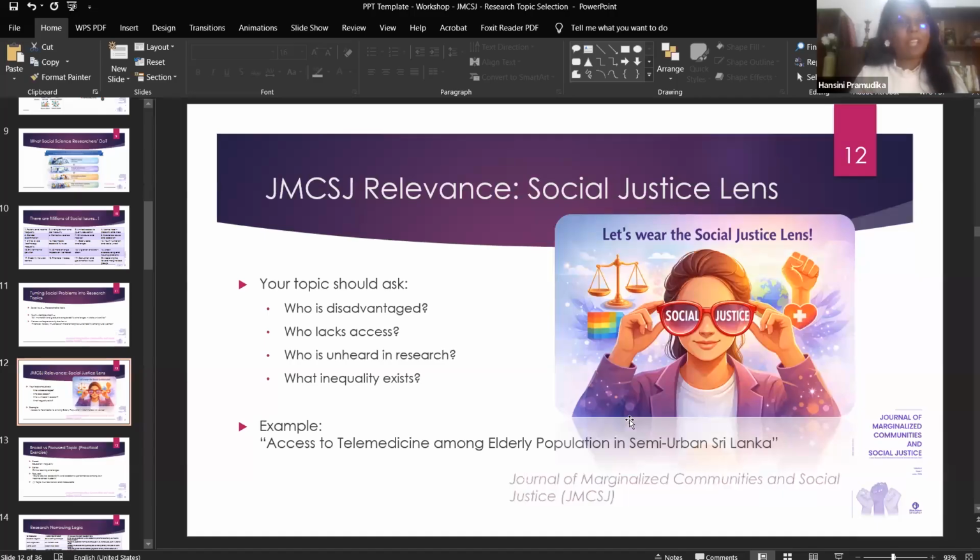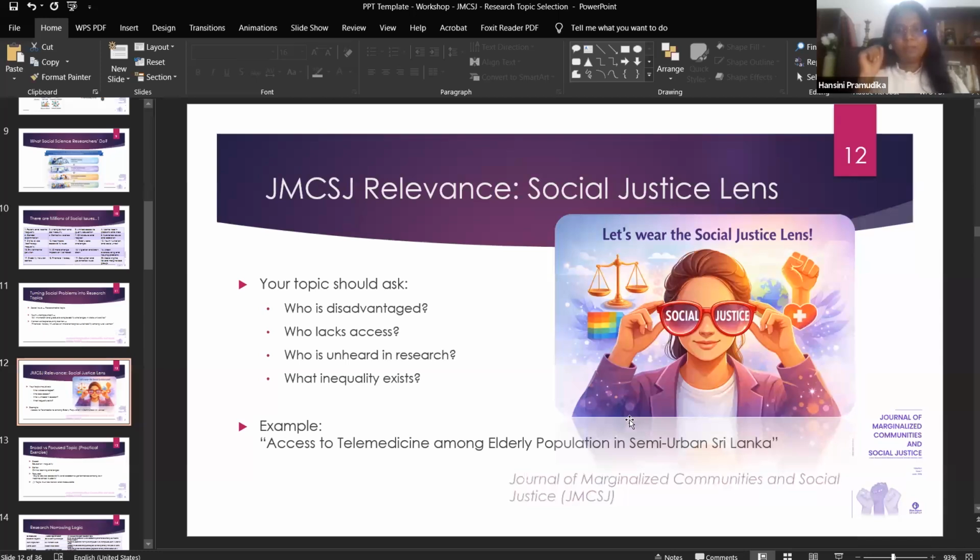Your topic should ask, if you do something regarding marginalized communities, so if you are a health sector person, you can do marginalized community related research as well. If you are an education person, you also can identify a certain kind of research title related to this. This is a very broad scope actually. So you can design your research idea considering all these scientific methods, the practical scenario and the theories as well.